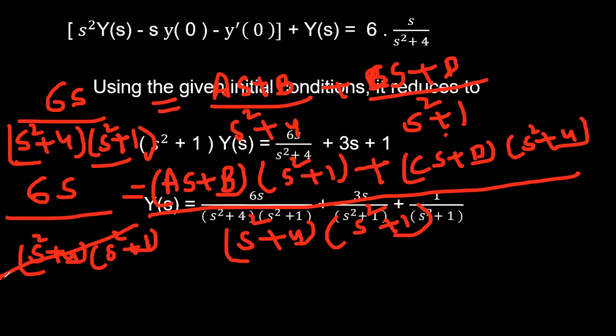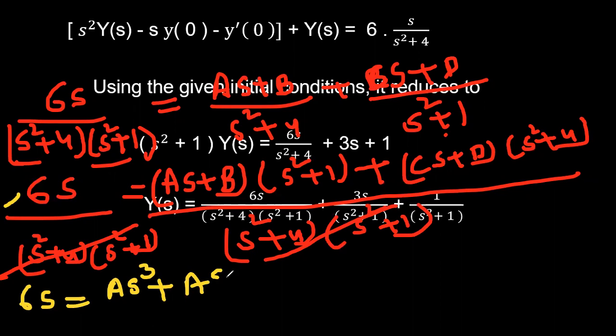So the denominator term in the LHS and the denominator term in the RHS will get cancelled, and only the numerator terms have to be equated at both LHS and RHS. So from this, 6s is equal to, multiplying this one, we get As cubed. If you simplify this, As into s squared gives As cubed, plus As into 1, it is As.